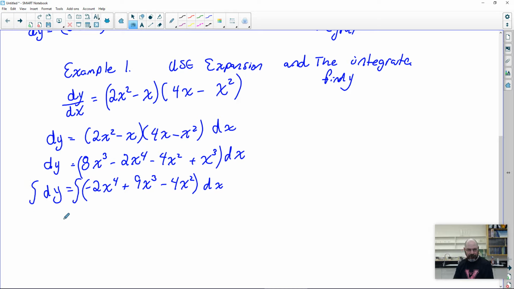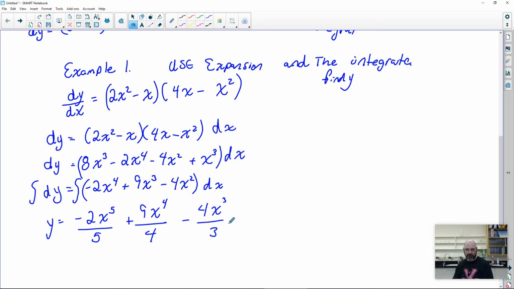Put our integral symbols in there, and then we can use our power rule here. So this would be negative 2x to the fifth, we have to add one there, over 5, plus 9x to the fourth over 4, minus 4x to the third over 3, and that's plus c at the end.